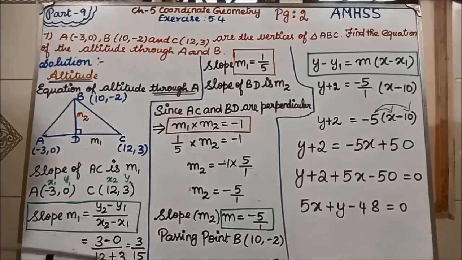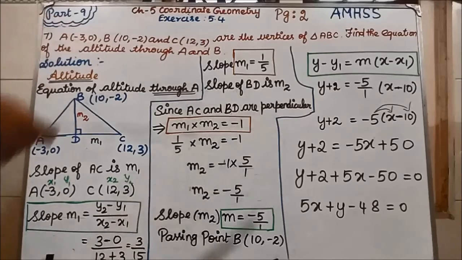So 3 minus 0 divided by x2, which is 12, minus x1, which is minus minus 3, so it becomes plus 3. So 3 divided by 15. Cancel 3 and 15: in the 3 table, 5 times 3 is 15. So slope m1 is equal to 1 by 5.